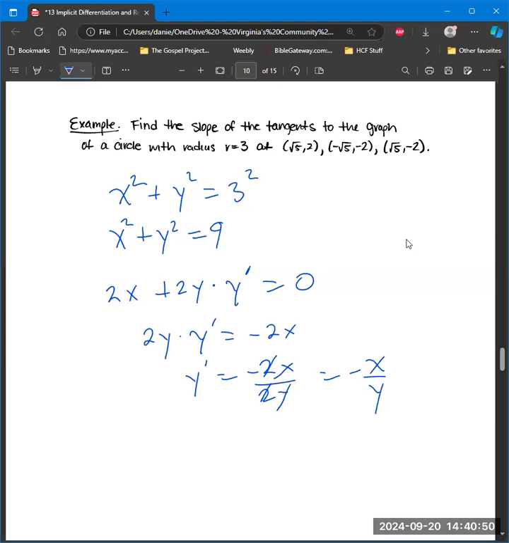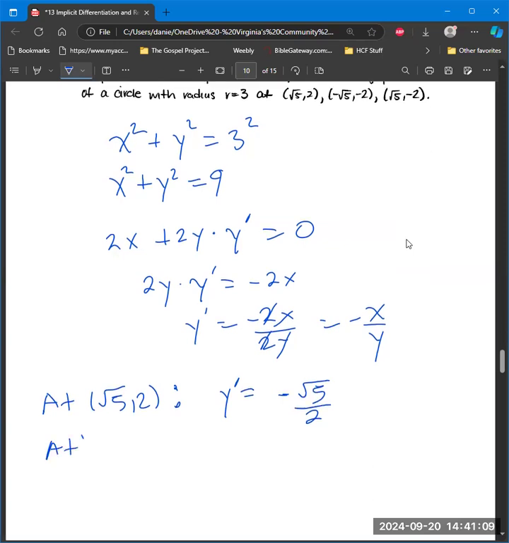So at the point (square root of 5, 2), y prime is equal to negative root 5 over 2.